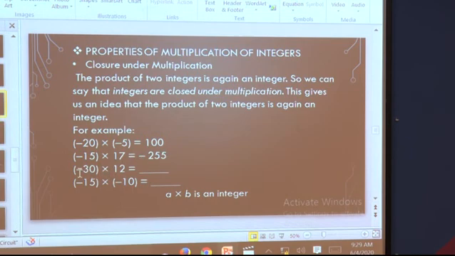Here is a similar example I have given to you: minus 30 multiplied by 12. What will be the answer? Anyone? Okay, you can take your time and give me the answer. First, what do we have to do? We have to multiply 12 by 3. 12 threes are, you know very well, 36.